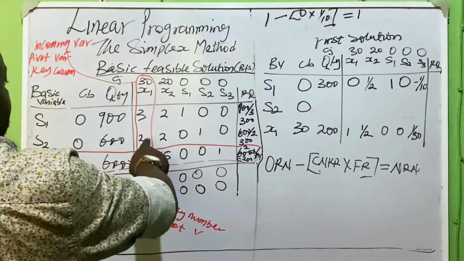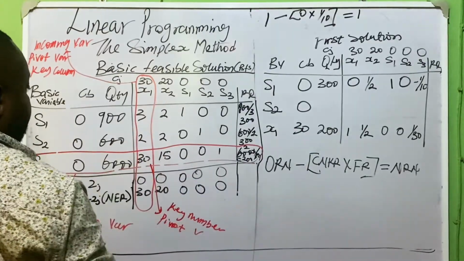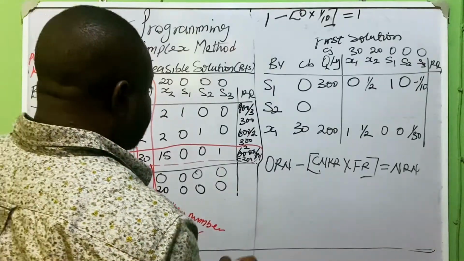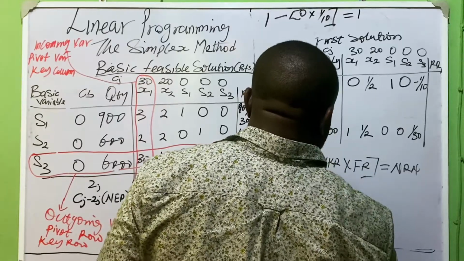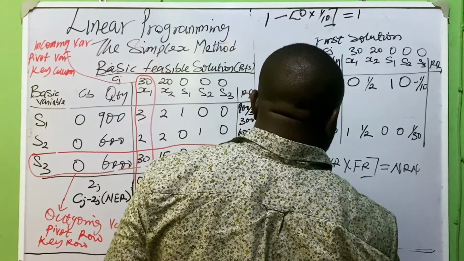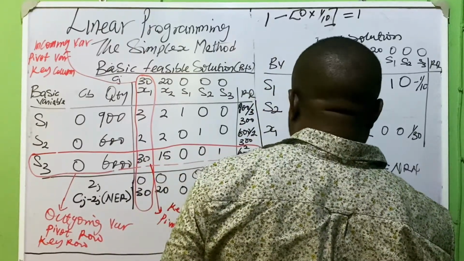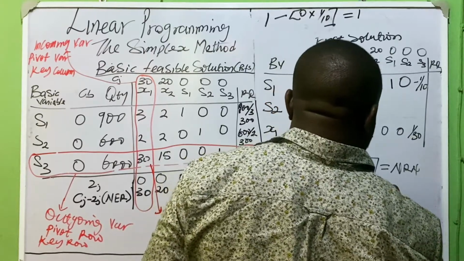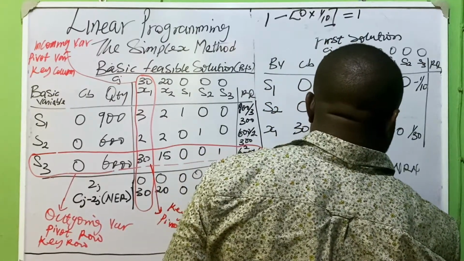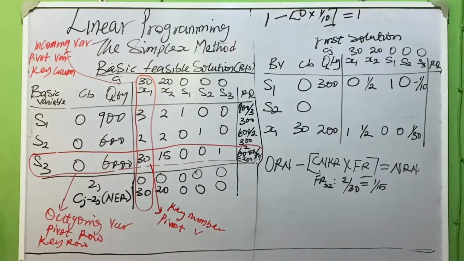So for S2, the fixed ratio will be 2 divided by 30, which gives us 1 over 15. We're going to use 1 over 15 to transform our row S2.